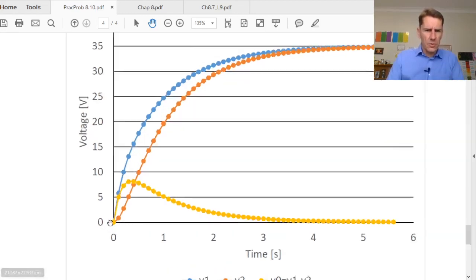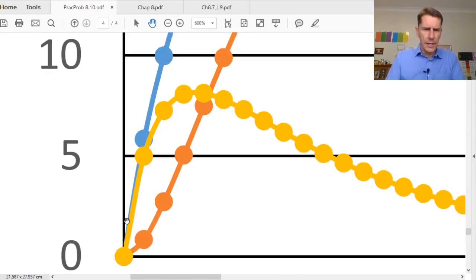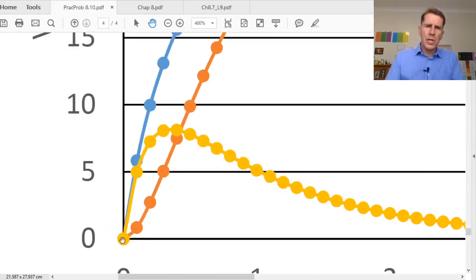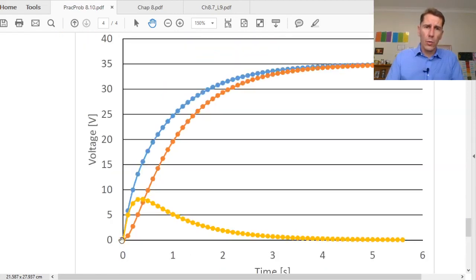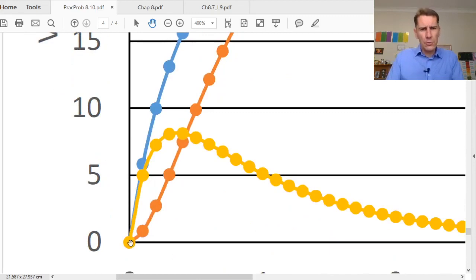Now notice, I wonder if I zoom in really close. The initial rate of charge of capacitor 1 was 70 volts per second. So if you were to draw a straight line there, that's the gradient of that initial charge. What was the initial rate of charge for capacitor 2?